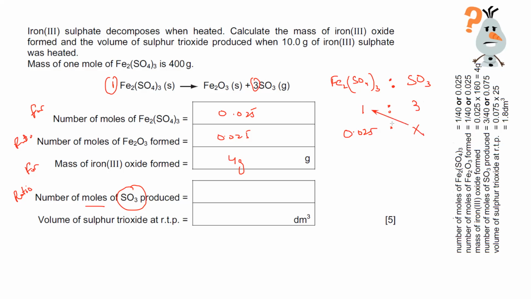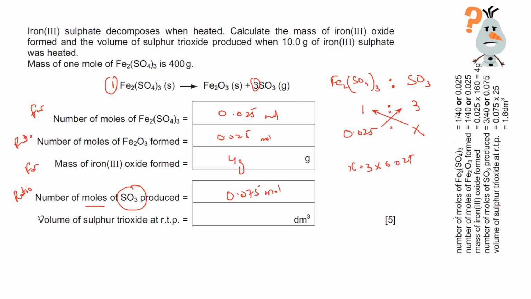Cross multiply. 1 is multiplied with X, so that is X, and 3 is multiplied by 0.025. So what we get? 0.075 mole. Is it clear? This part? It was 0.025, so that's why we are getting 0.075.